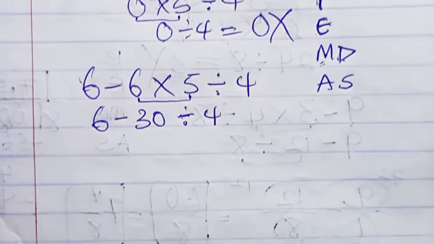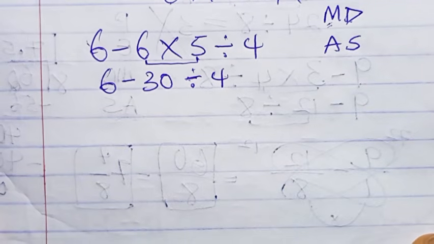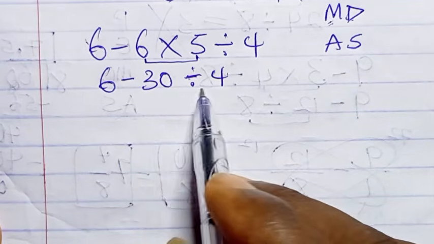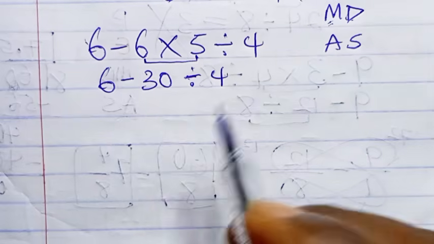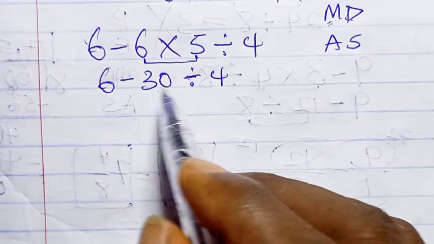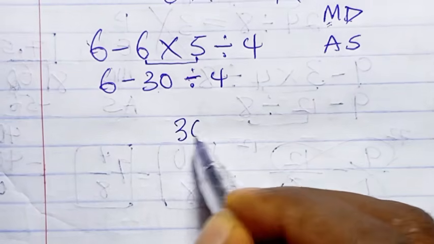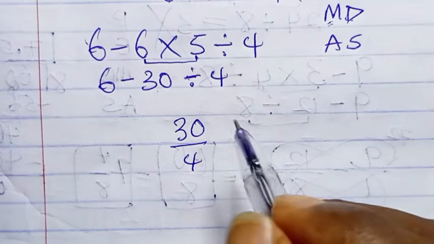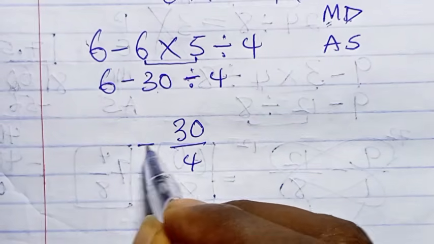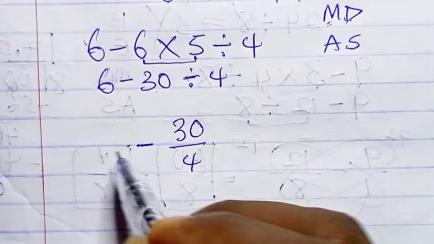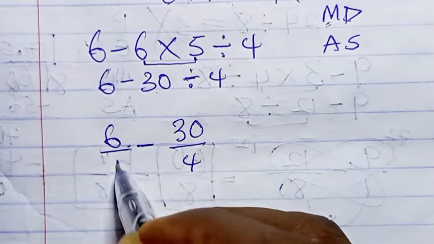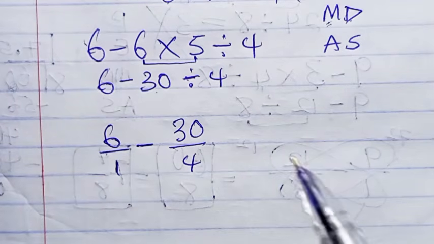Now I want us to write 30 divided by 4 in a fraction form. Bring down the negative sign, then we have 6. Put over 1 here to make the fraction complete.